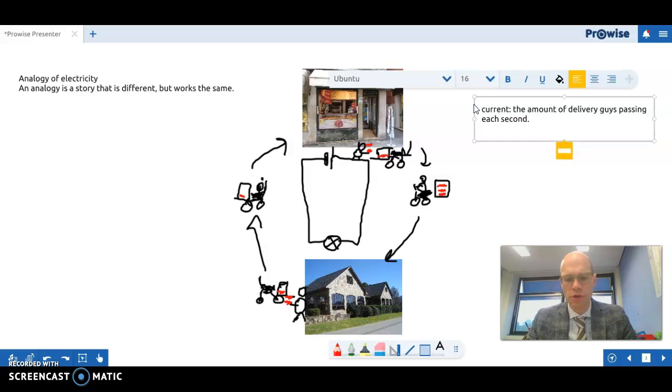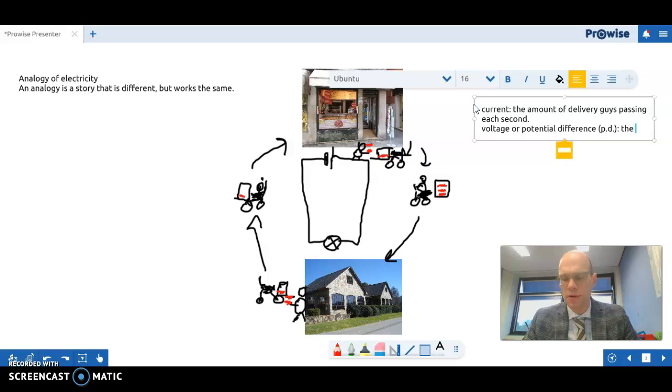And a voltage or potential difference, and potential difference is also PD, and that was, well, how much they give away or get.